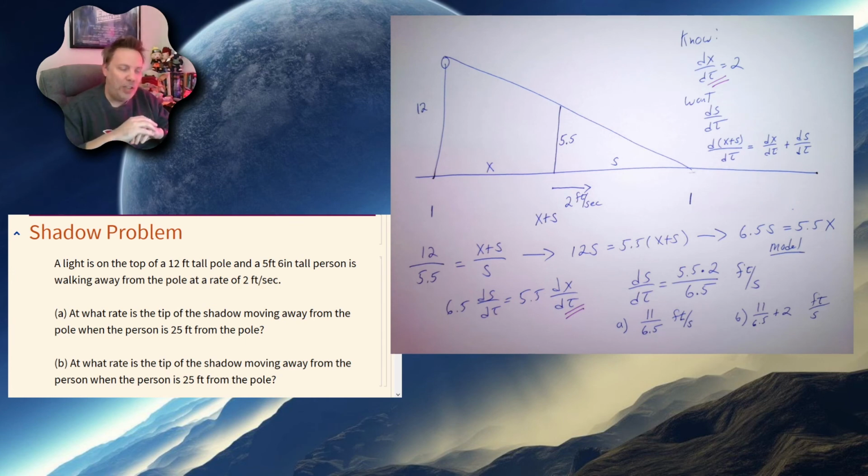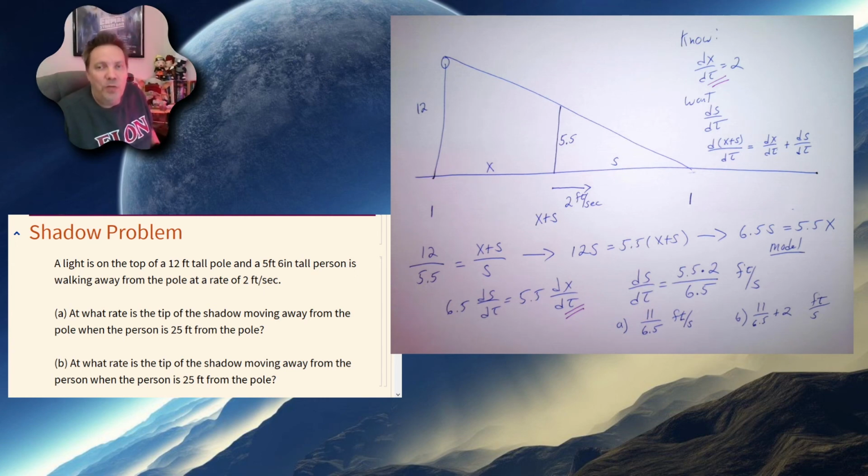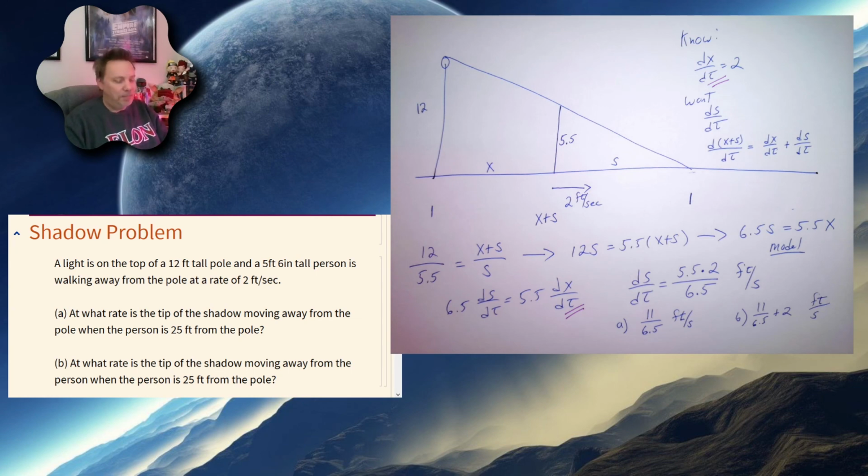So if the person is walking at a constant rate, the length of the shadow and the tip of the shadow are also moving at a constant rate. I still think this is an amazing problem. I think I saw this over 30 years ago when I first took calculus.